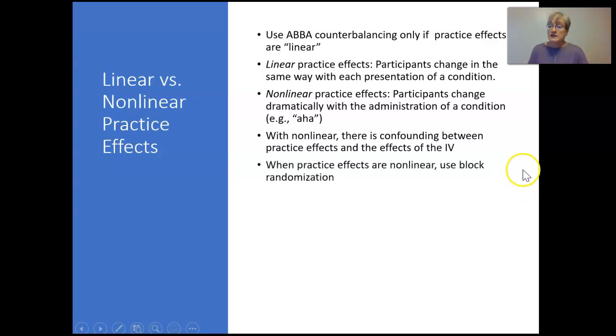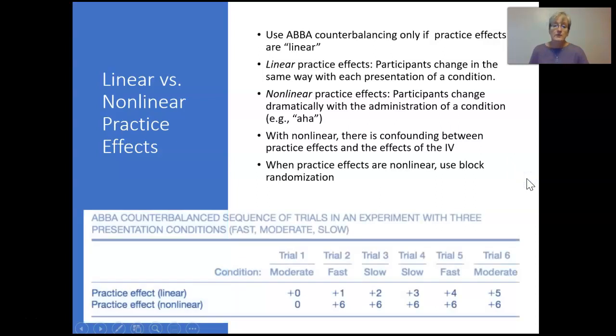So when we have nonlinear practice effects to deal with, like the looming, impending, aha, I've learned it experience, then you need the block randomization to tease apart the difference between the conditions, irrespective of the aha moment.